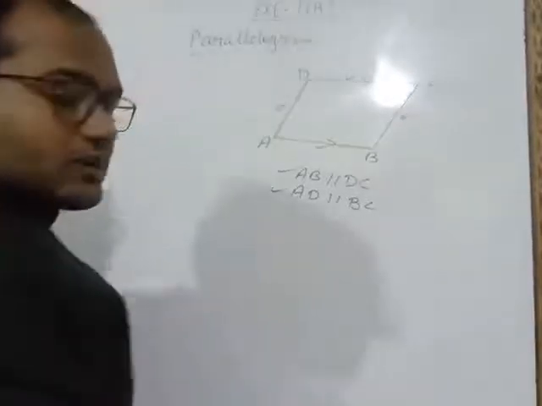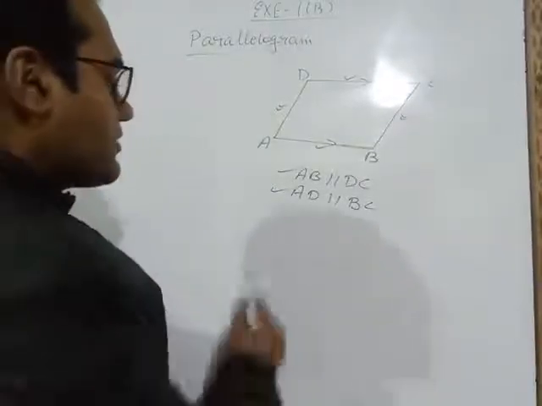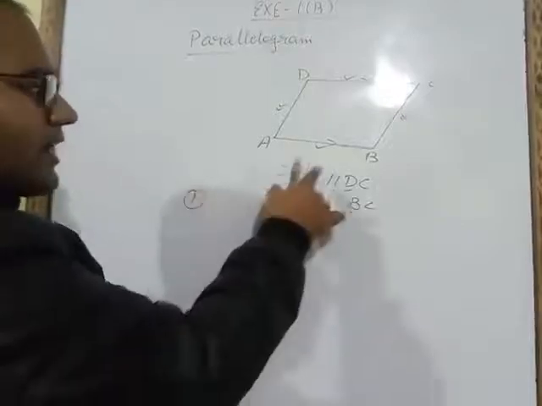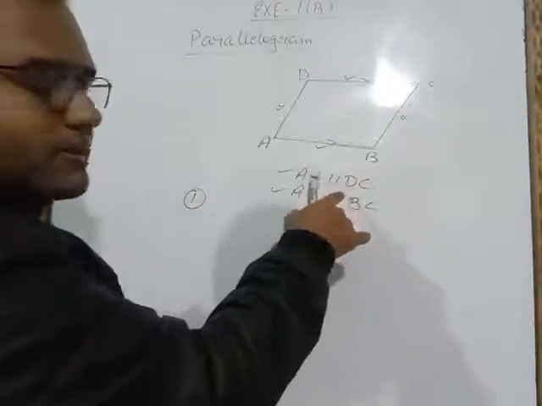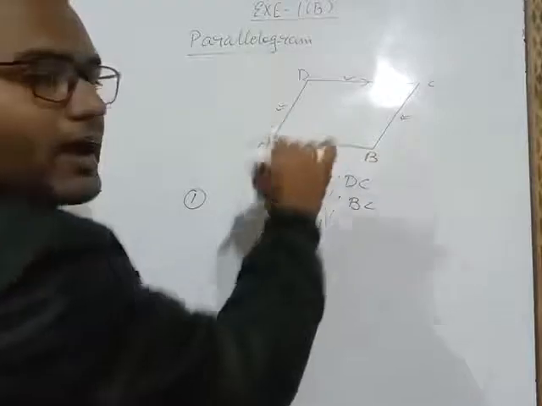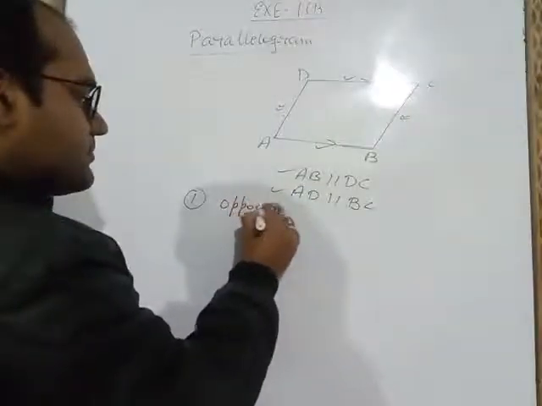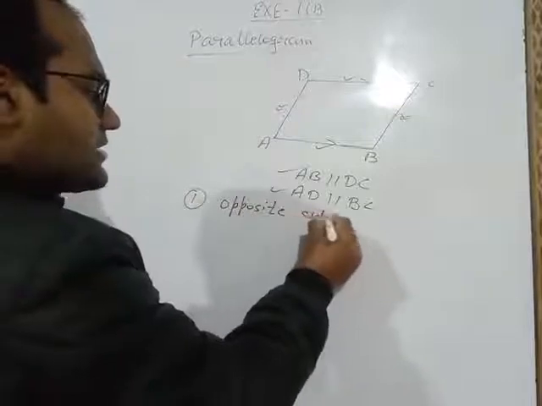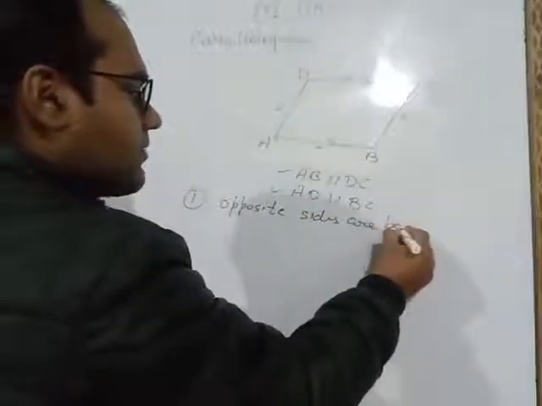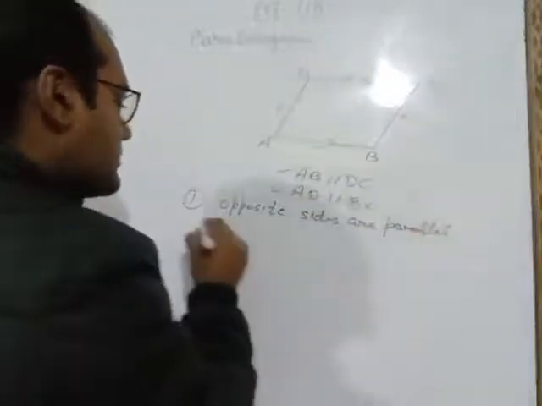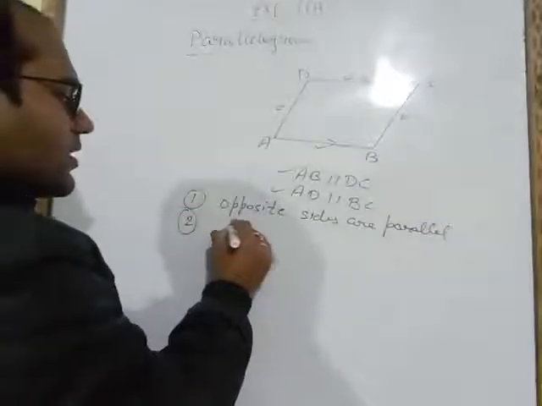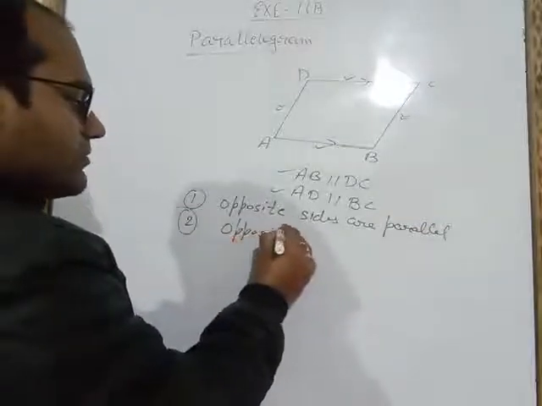Now some of the special properties of parallelogram: the first property is that opposite sides are parallel. Second property, opposite sides are equal.